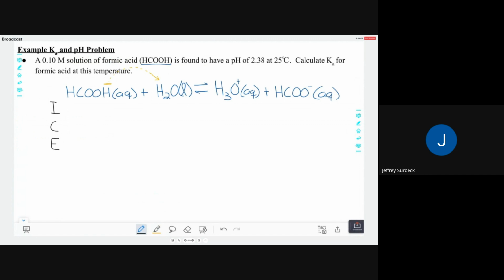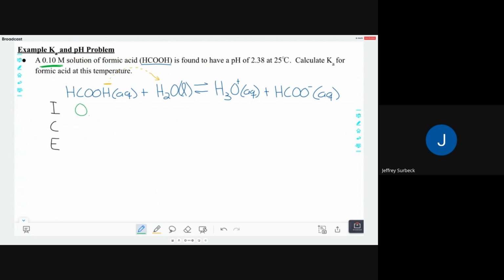And so we're going to have I for initial, C for change, and then E for equilibrium. And in our problem, unfortunately, we are only given one initial value. That one initial value that we are given is this 0.10 molar formic acid, right?